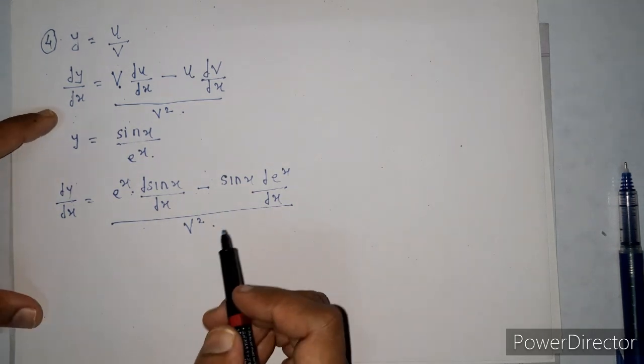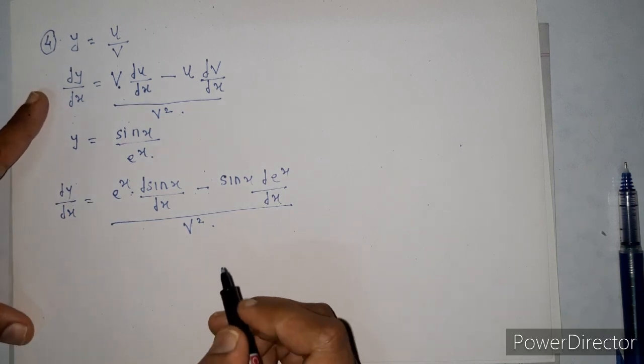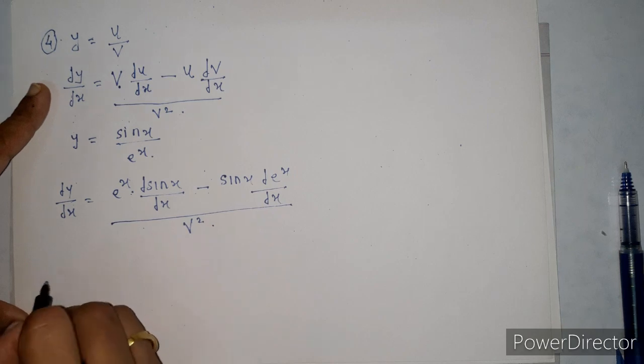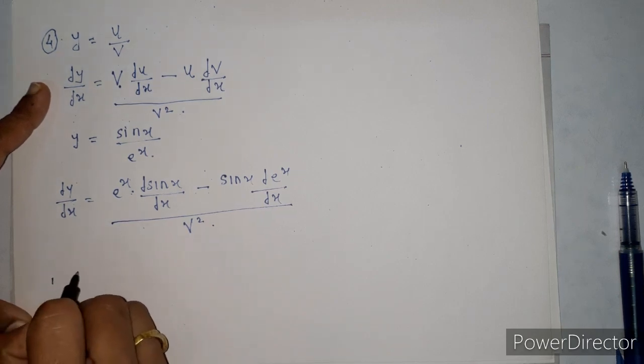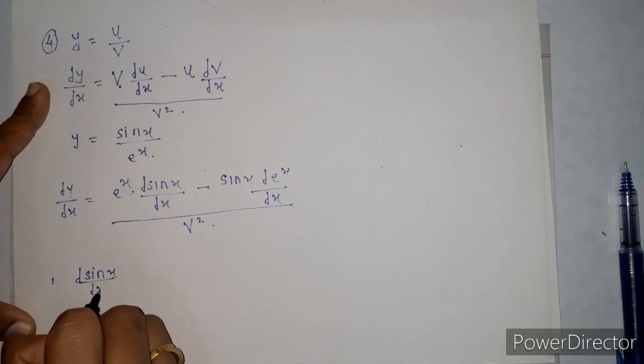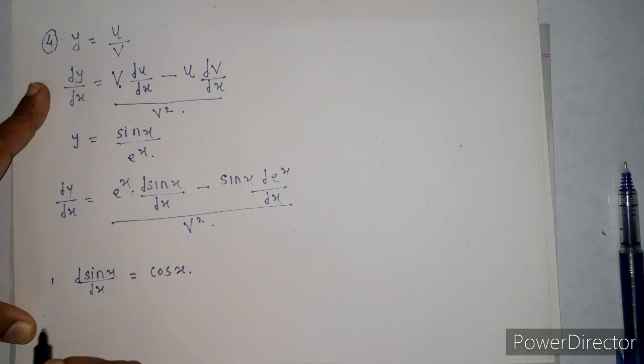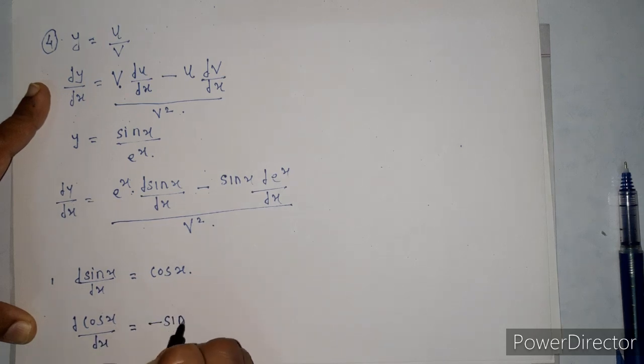Okay, now we use some basic formulas for derivative. Let us revise those formulas. First one, differentiation of sin x with respect to dx equal to cos x. Second, differentiation of cos x with respect to dx equal to minus sin x.